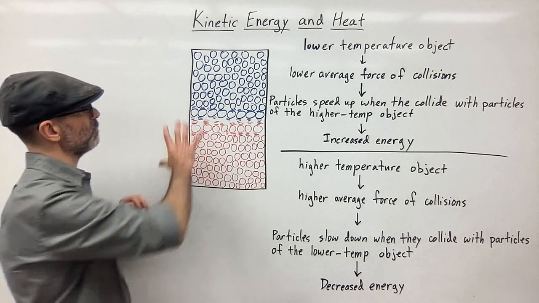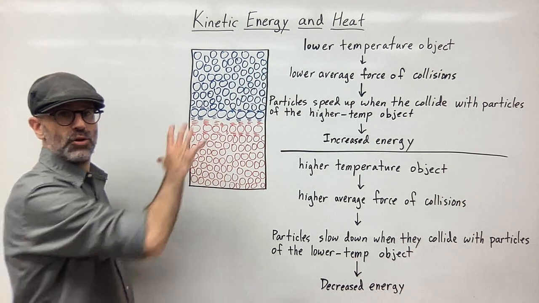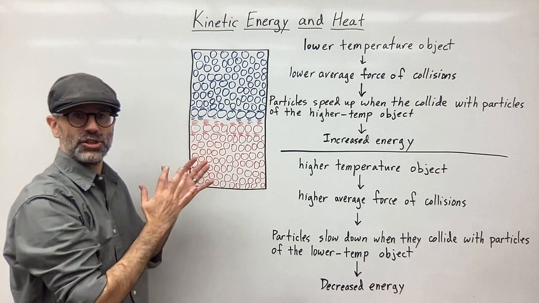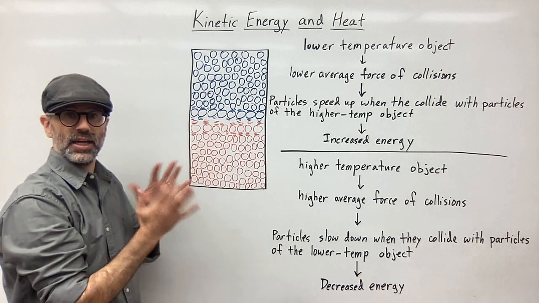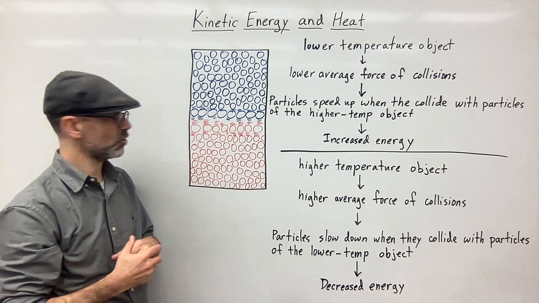But then the same thing goes with the colder object as well. They're colliding with each other, transferring energy or heat between the particles. But again, the average doesn't change for the object as a whole.